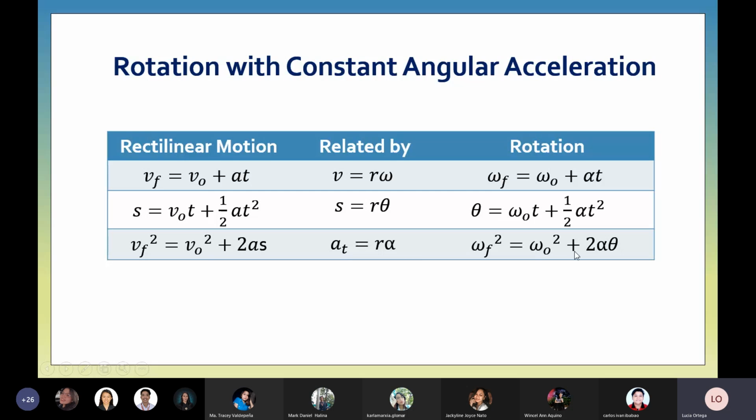Okay. So you can easily remember the equations. And remember also this relationship between linear, rectilinear translation and rotation.